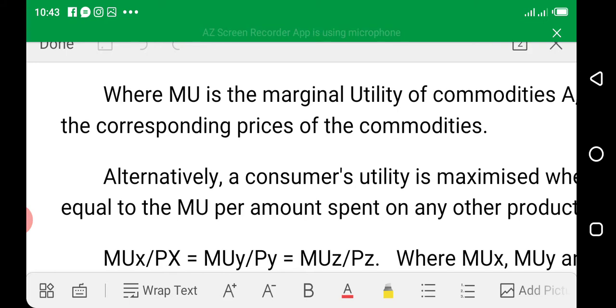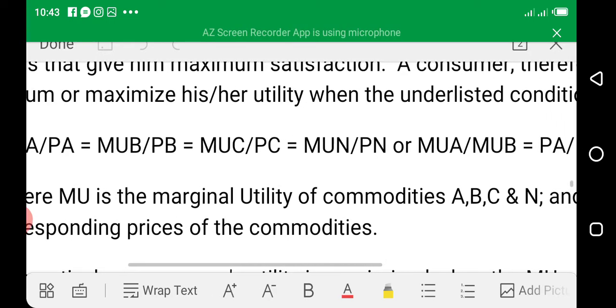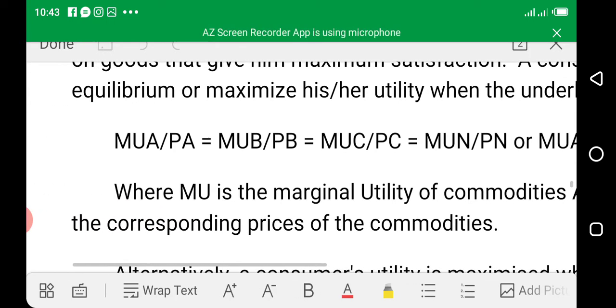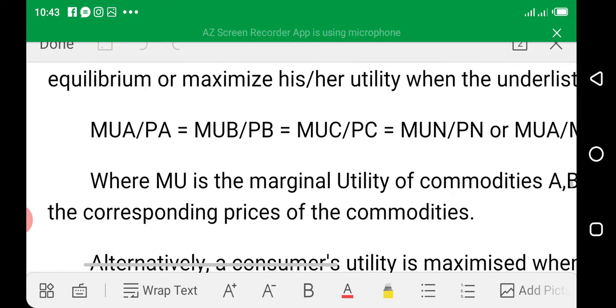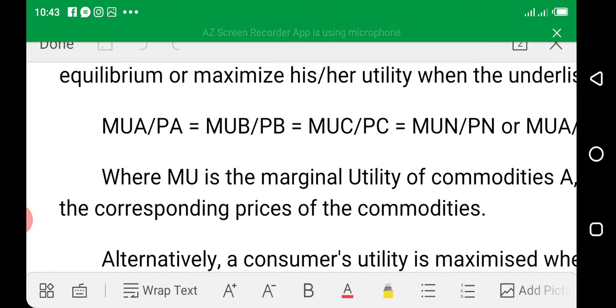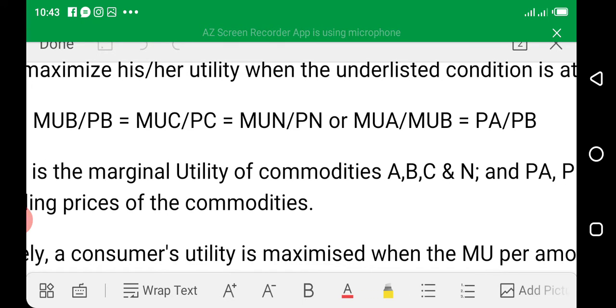This implies that the consumer maximizes his or her utility when marginal utility of commodity A divided by price of commodity A is equal to marginal utility of commodity B divided by the price of commodity B, and this as well is equal to marginal utility of commodity C divided by price of commodity C, and so on.